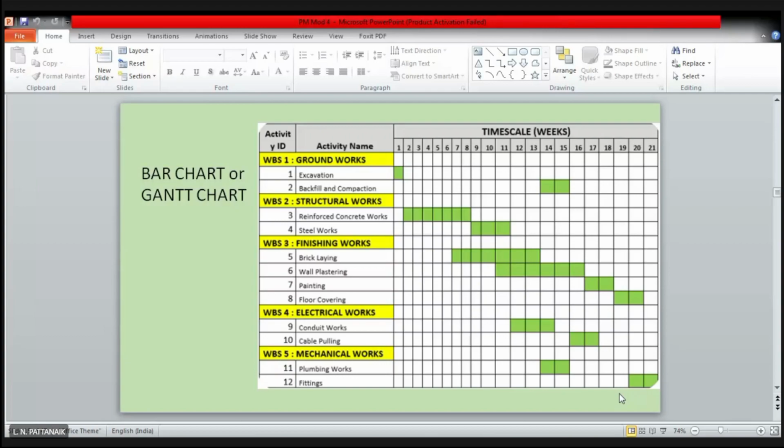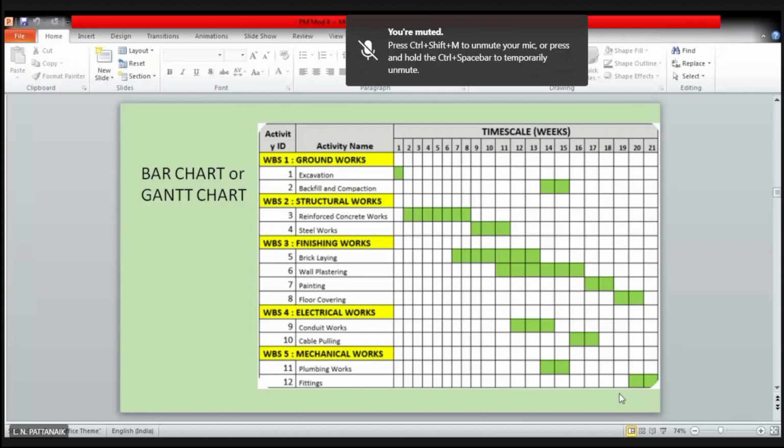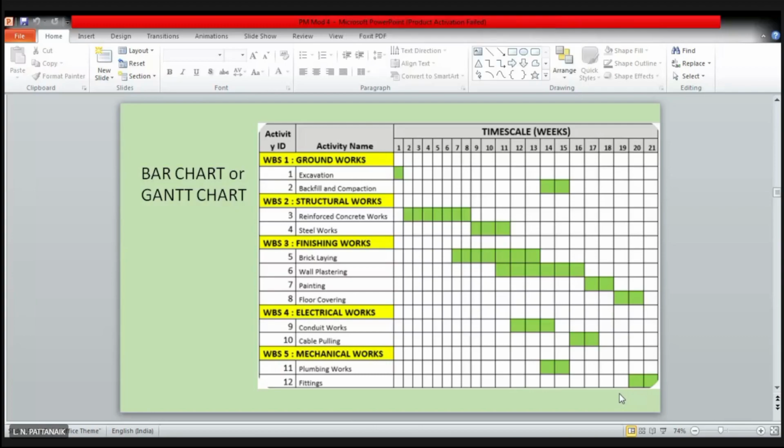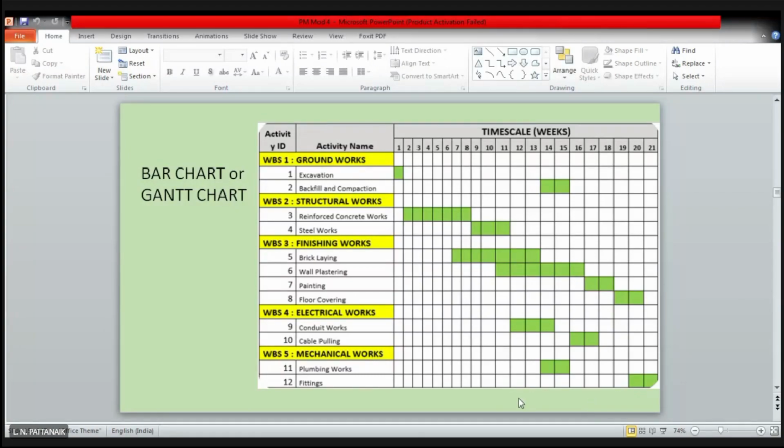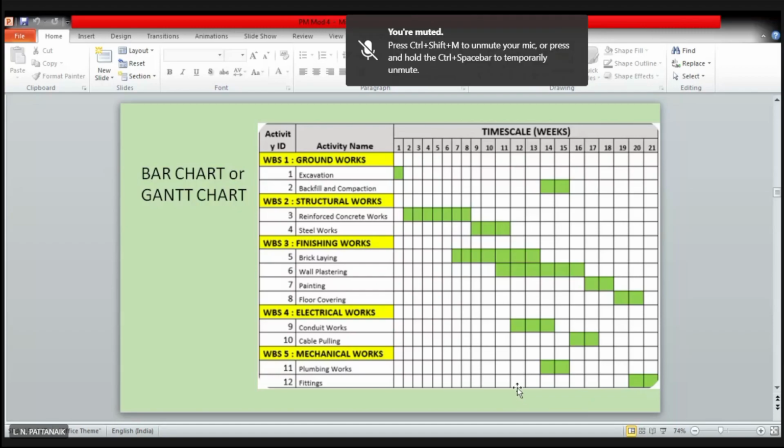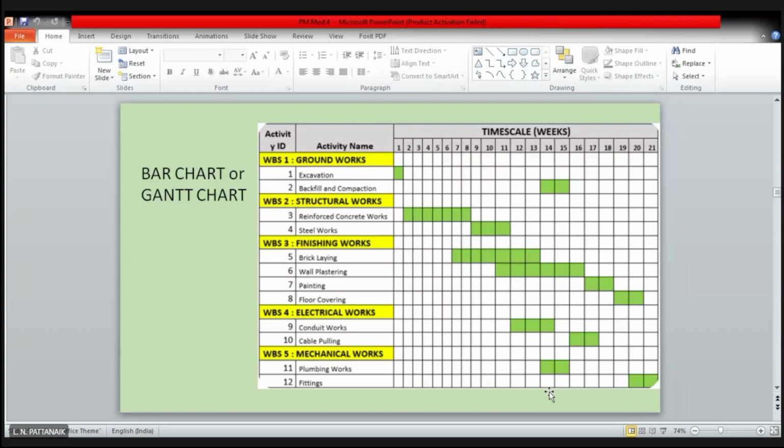Lean periods means the work tasks or the activities are less compared to some of the weeks. For example, if I pick weeks like 12, or maybe 14th, you can see many activities are happening during those weeks compared to weeks like 4, 5, where only one activity is going on.